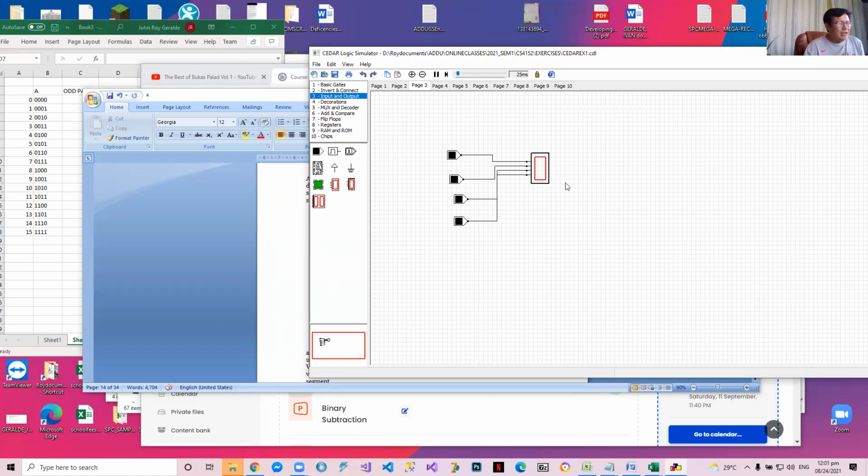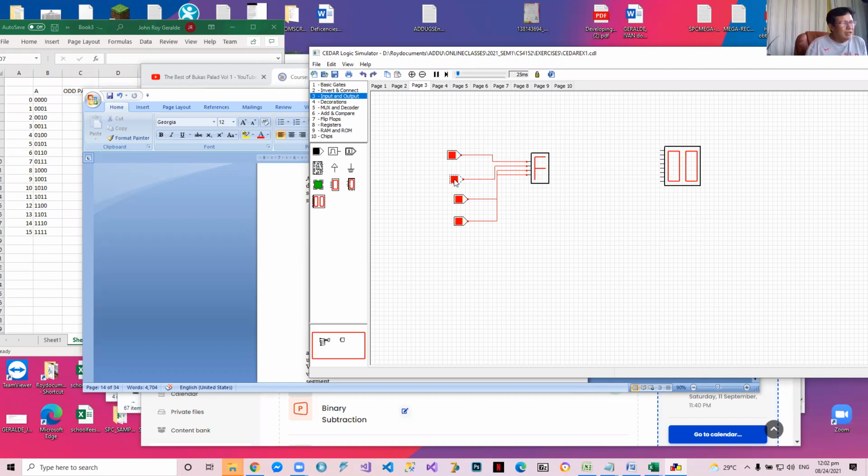Okay. So 0001. 1. Now it's decoded. Take note, it's decoded, no? 0010. Oh, that's 2. 0011. That's 3. We have a decoded 7-segment display. In fact, we have a 2-bit 7-segment display. Okay? May dalawa tayo.